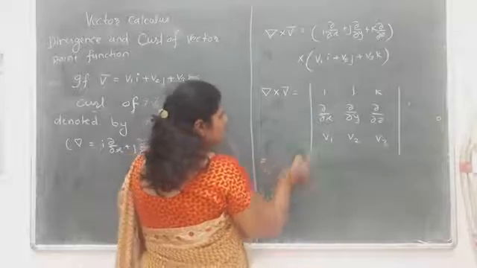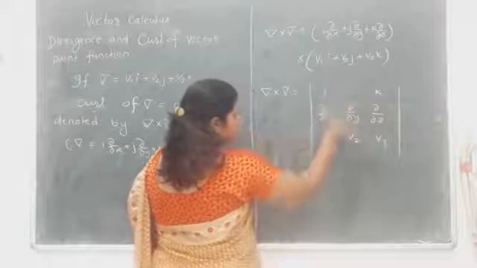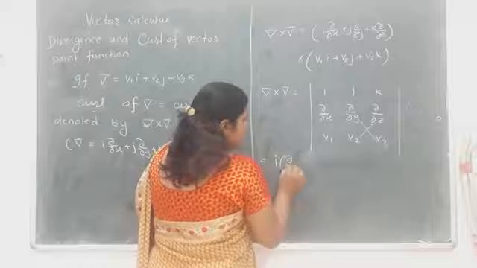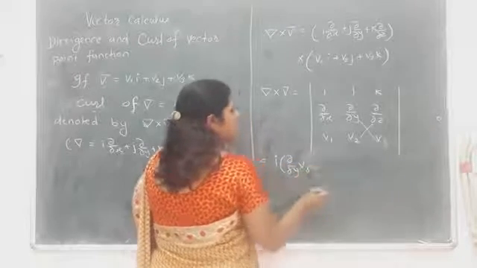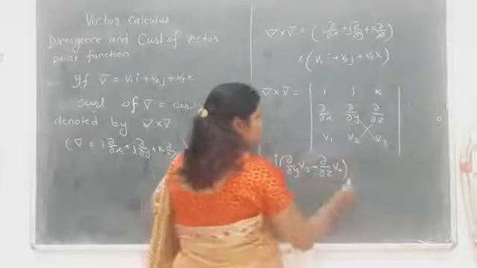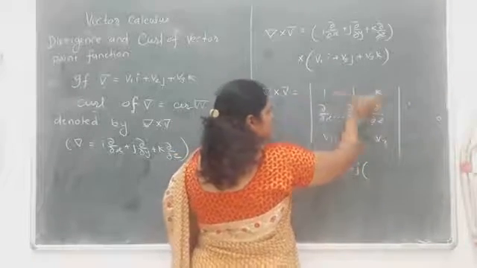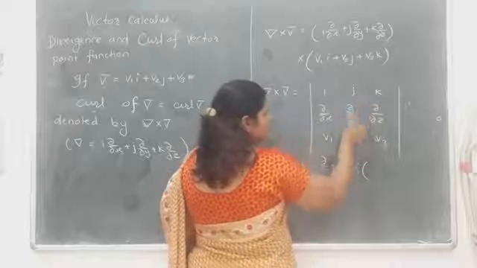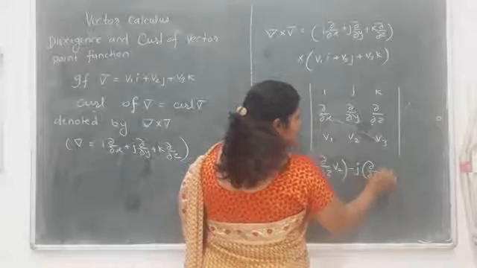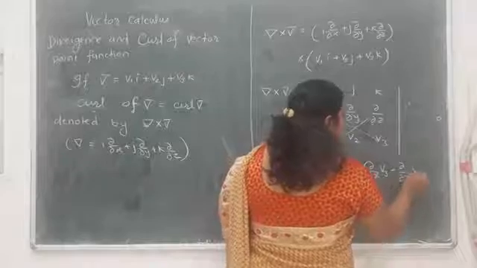Now we solve this determinant. We write i, and we eliminate that row and column, so i into del by del y of V3 minus del by del z of V2. Then there is a minus sign: minus j into, again we omit that row and column of j, so del by del x of V3 minus del by del z of V1.